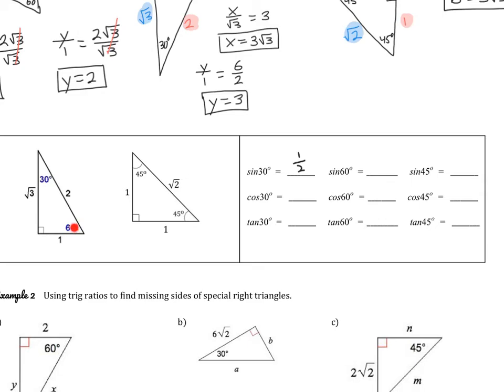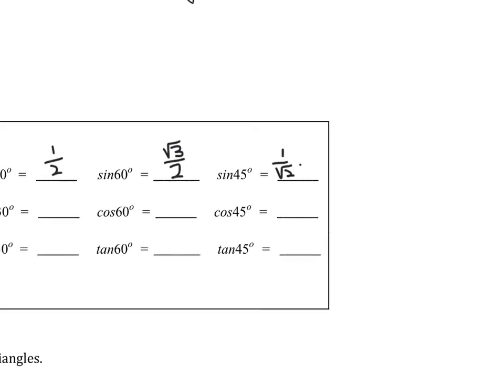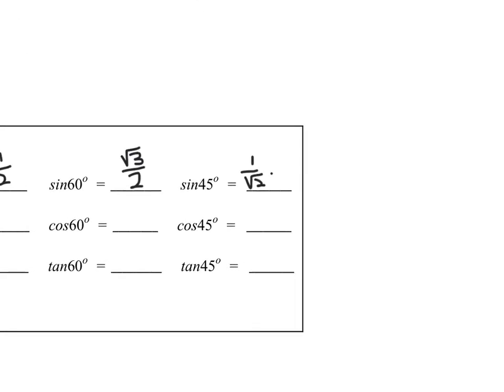The sine of 60 degrees, so now we have to start here, we still do opposite over hypotenuse. Here we get root 3 over 2. And then for 45 degrees, you can use either one. If you do opposite over hypotenuse, it's 1 over root 2. Now, typically we don't leave our answer like this.